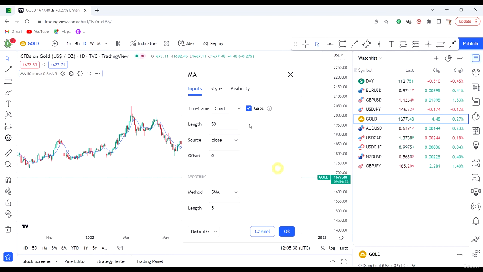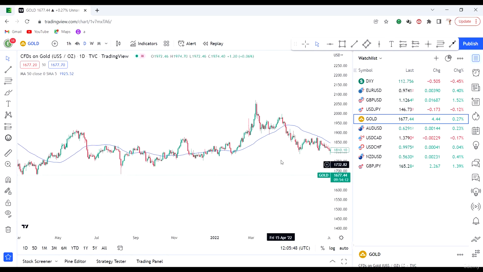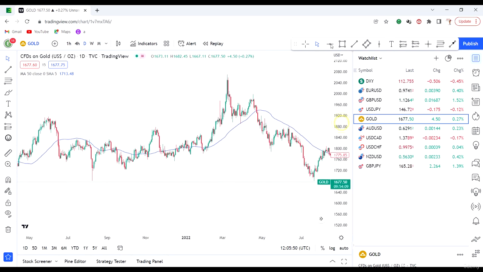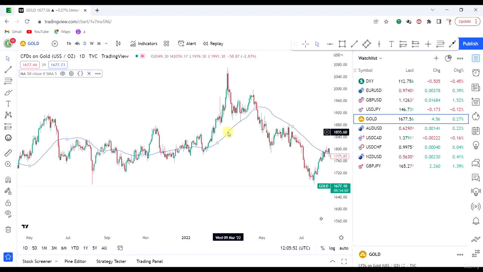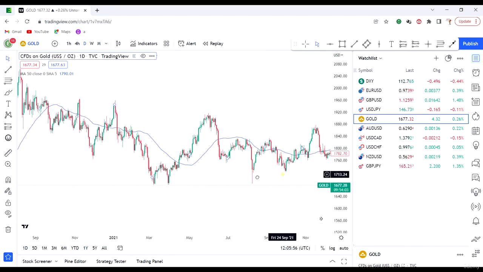Remember, it's 50 simple moving average, right? So it's SMA method, simple moving average, and then 50, and then close, and OK. Okay, as it's adjusted, yeah. So this is what we have now.